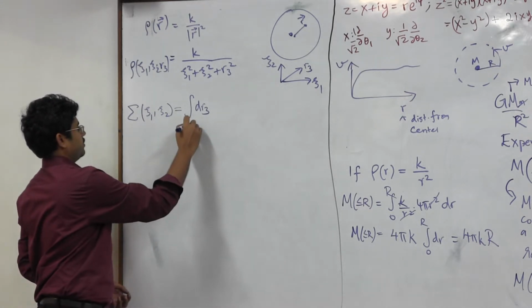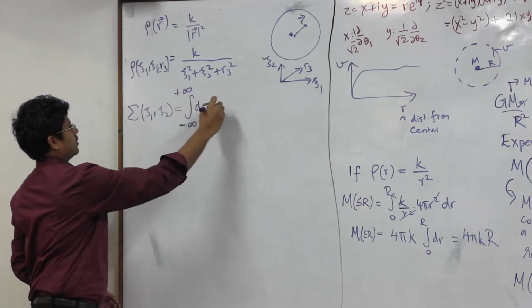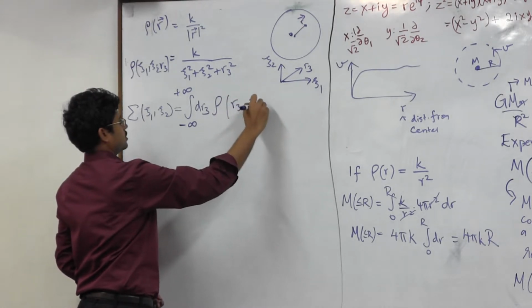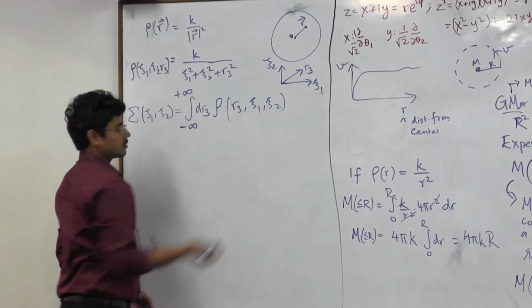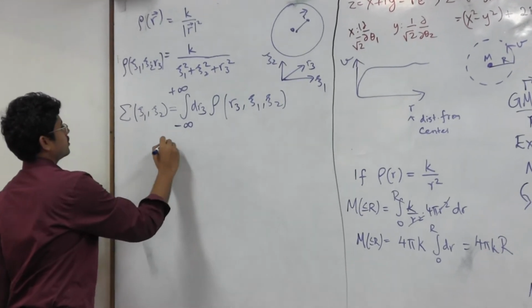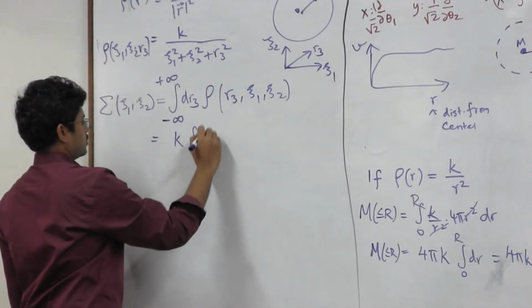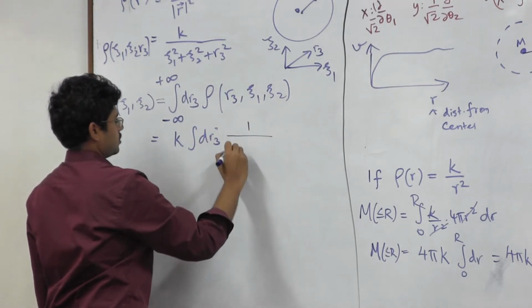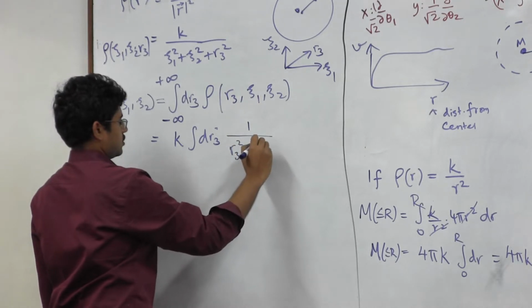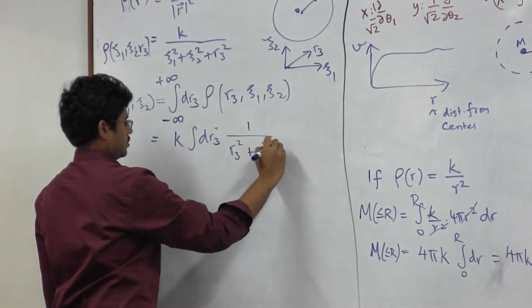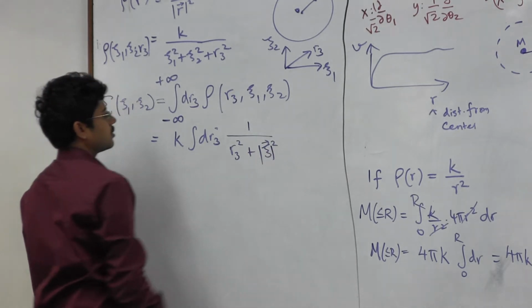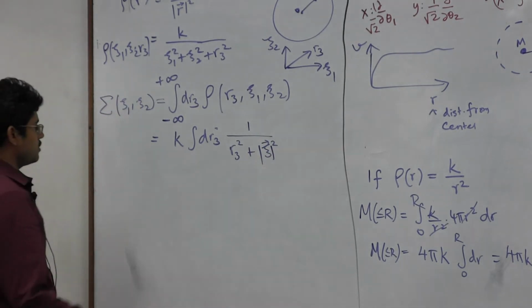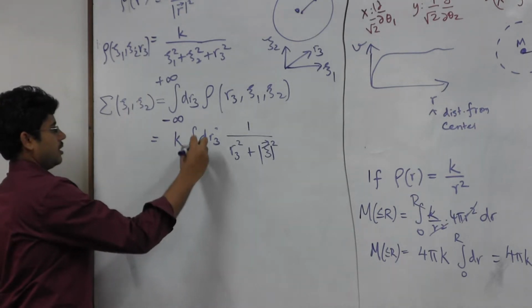I'm just going to assume that we can do this integration over R3. So again, this has the same substitution as before.